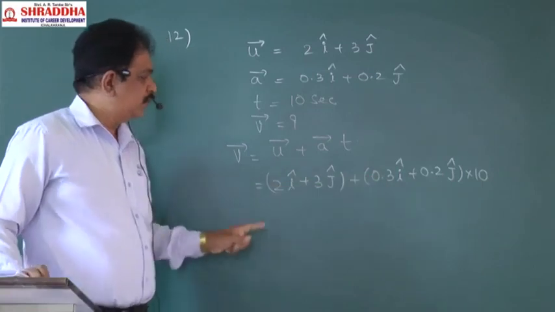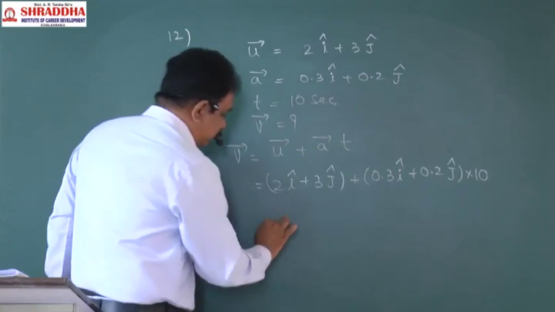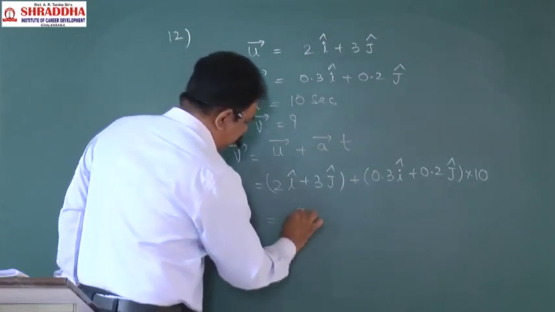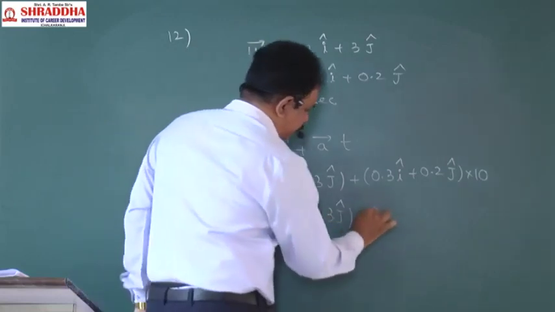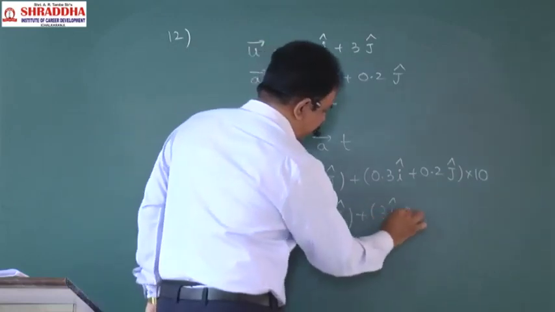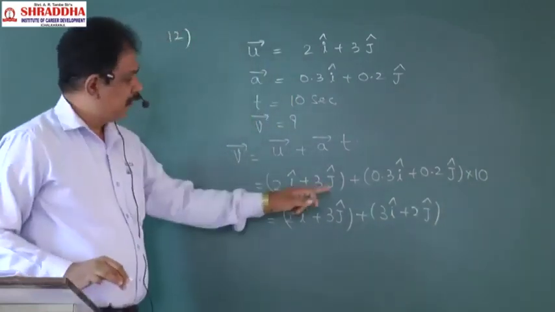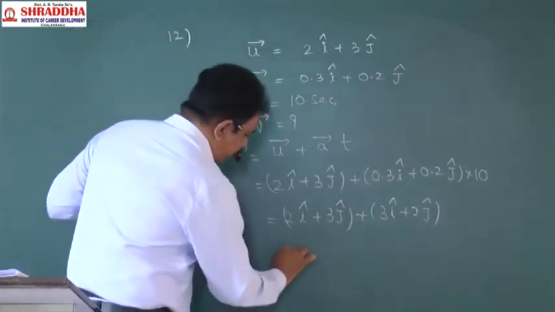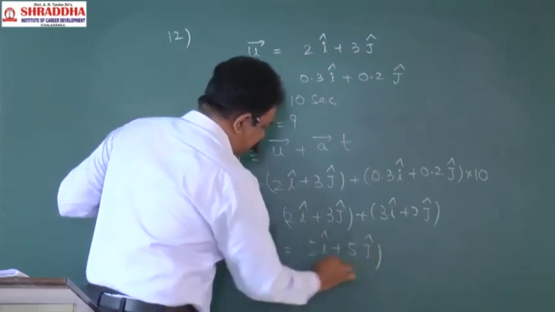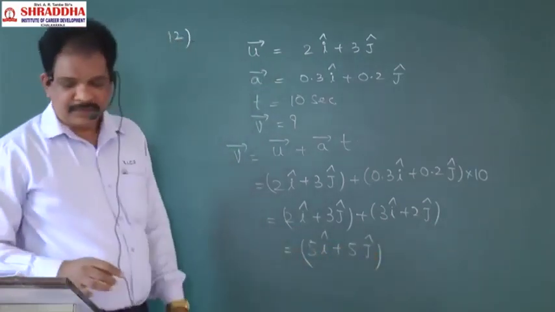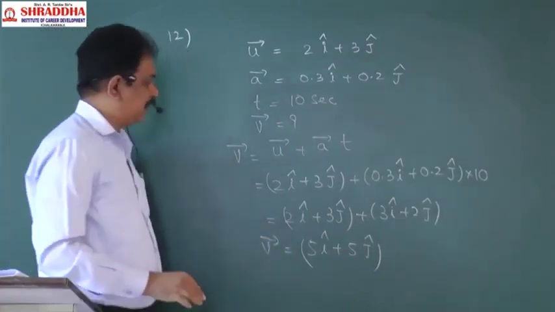This value is 3i cap plus 2j cap. So 2i cap plus 3j cap plus 3i cap plus 2j cap. Add this to get 5i cap plus 5j cap. That is the final velocity.